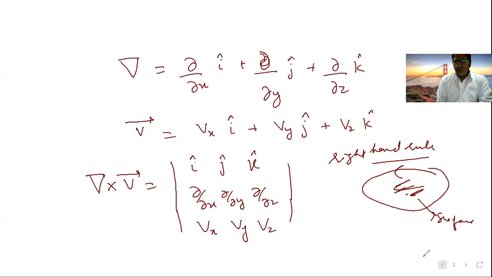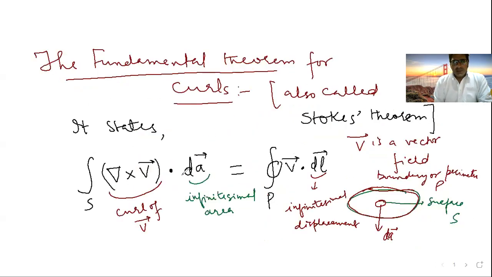Now, this is a surface integral. When you divide some surface into little patches of area, then you dot some vector with that area vector and add those dot products over the surface. Such an integral is called a surface integral, or sometimes the flux of this vector.